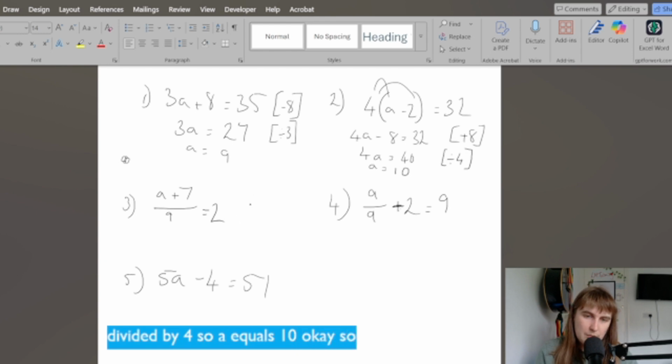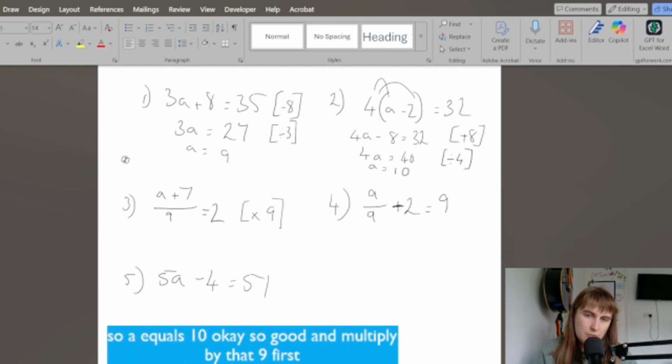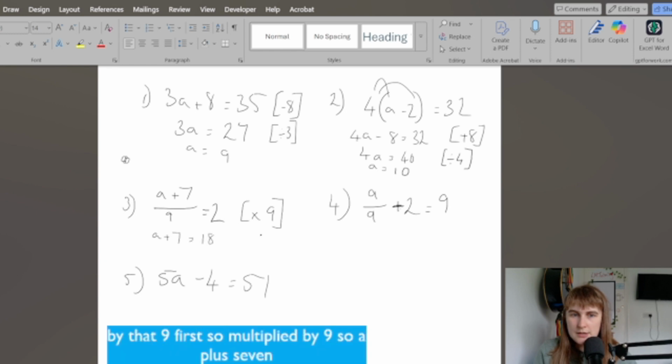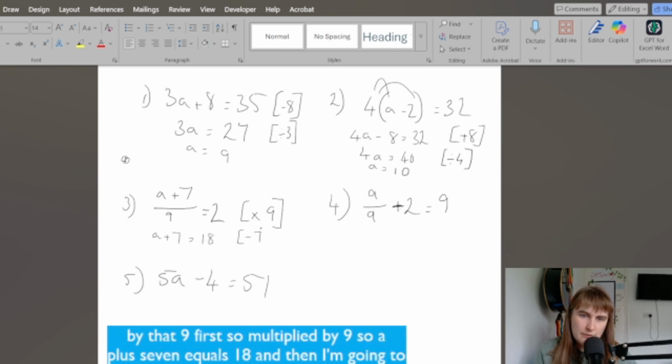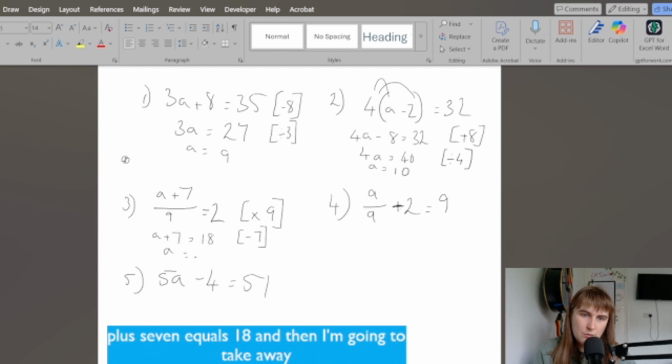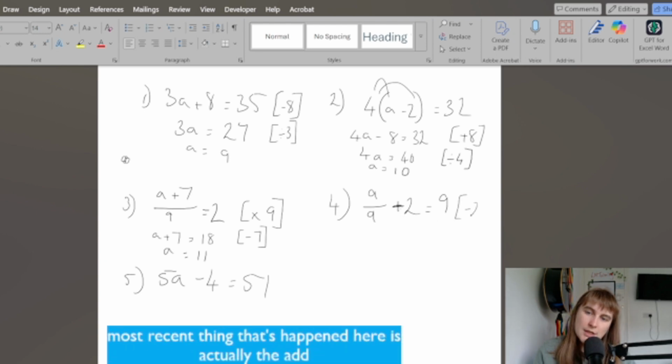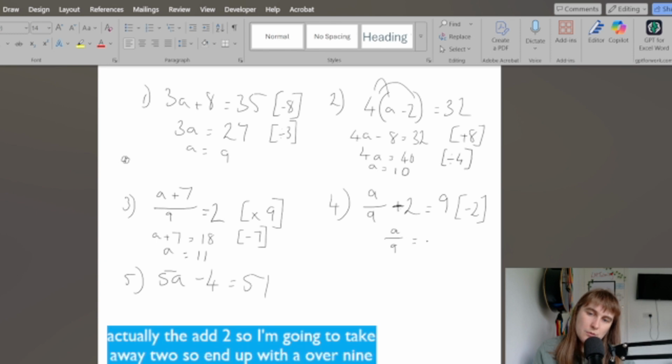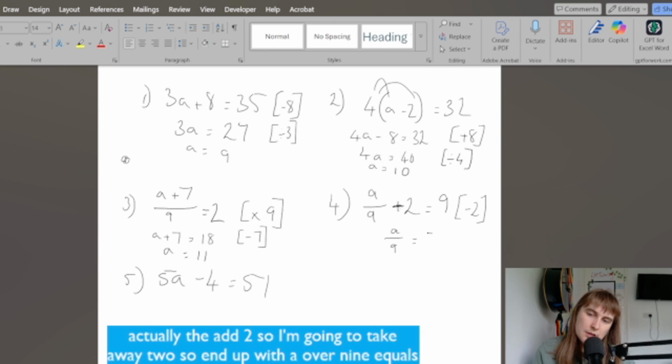Okay, so I'm going to multiply by that 9 first. So multiply by 9. So a plus 7 equals 18. And then I'm going to take away 7. So a equals 11. Okay, so the most recent thing that's happened here is actually the add 2. So I'm going to take away 2. So I end up with a over 9 equals 7.